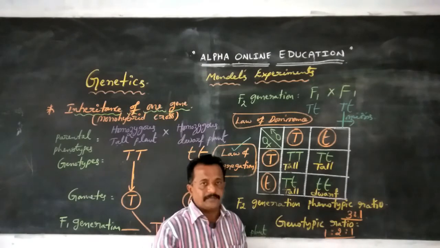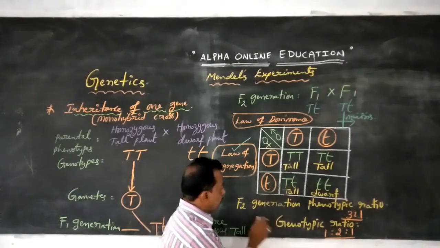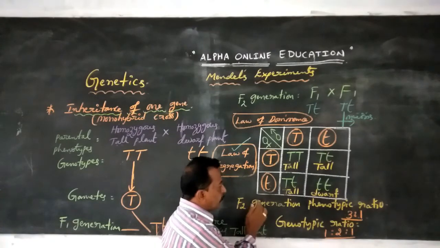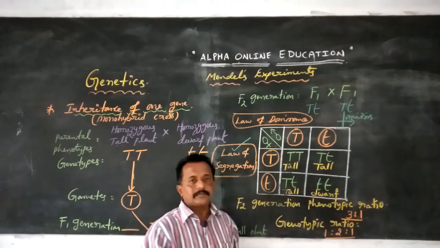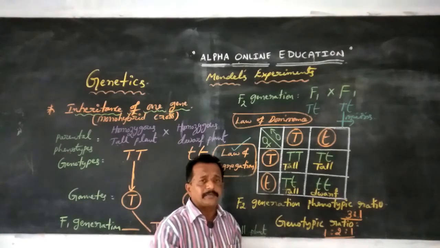In a monohybrid cross, the F2 generation genotypic ratio is 1:2:1.